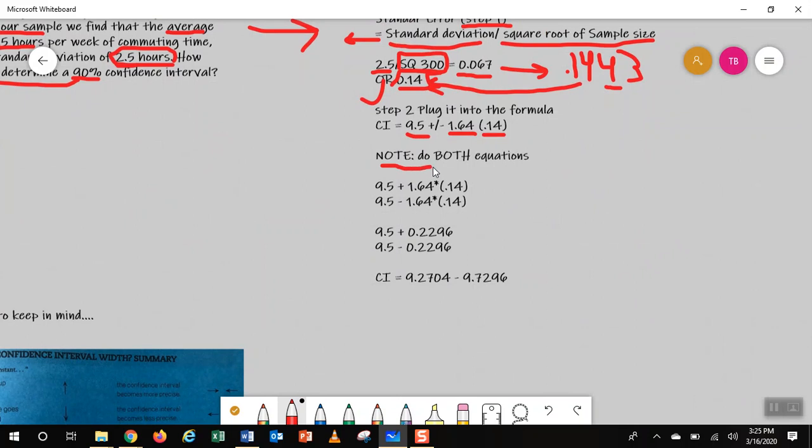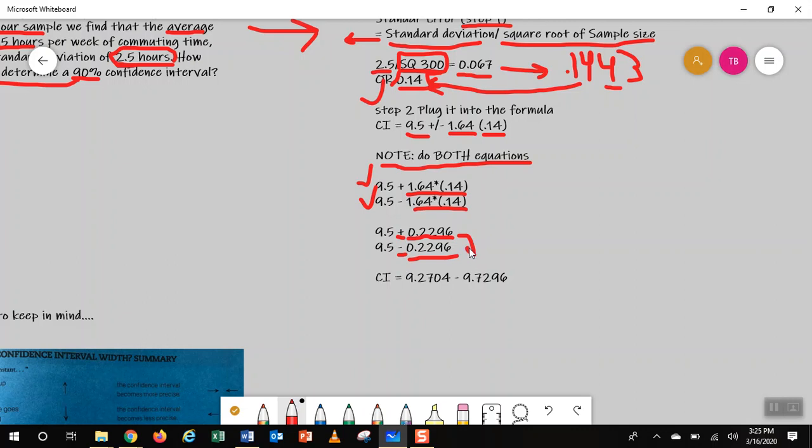And again, note to do both equations. You want to do the plus version and the minus version. So same thing here, I just wrote it out by plugging in the numbers. Then we do the math to get rid of the parentheses, and that gives us 0.2296 for both of them. But one version, of course, is plus and one version is minus.